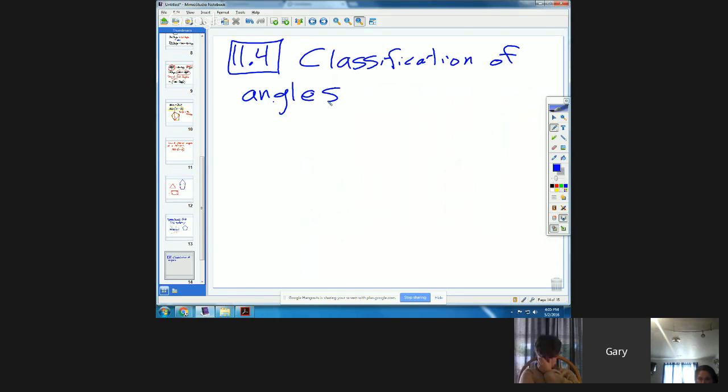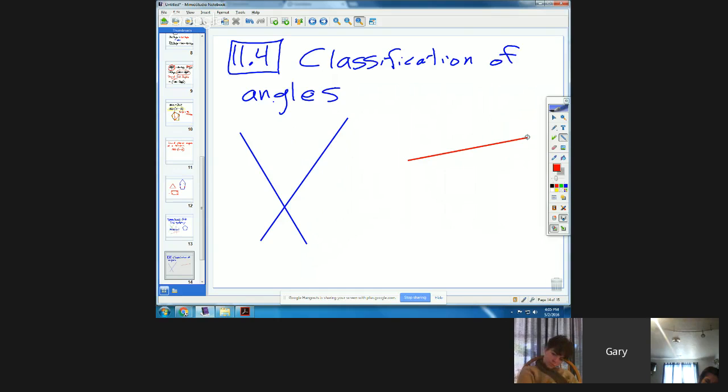Here's some other ones. So there's 2 situations that come up with the classifications we're going to do right now. If you have 2 intersecting lines, like say these 2 lines right here, we create 4 angles. Other situation is if you have a pair of parallel lines.